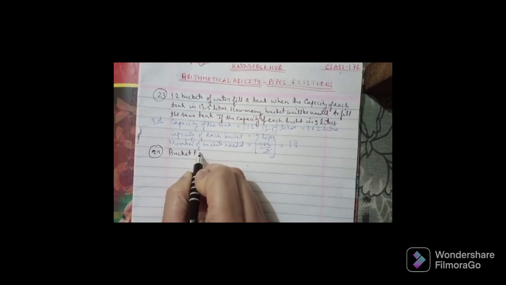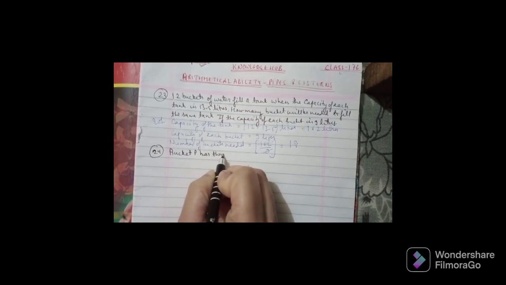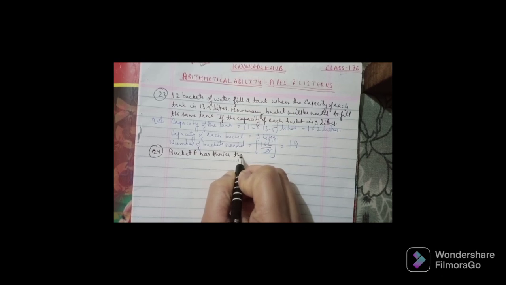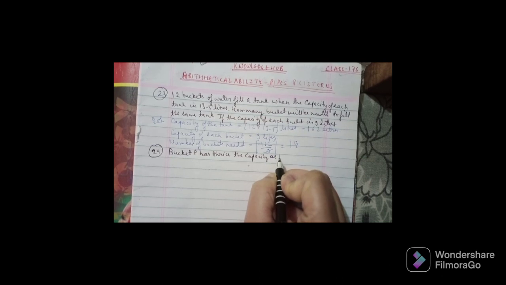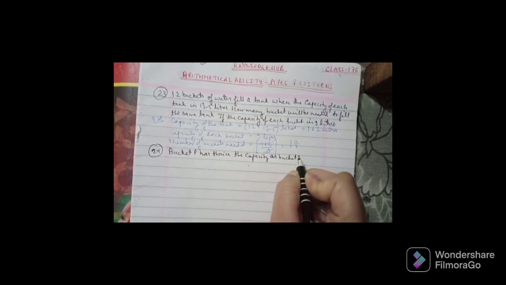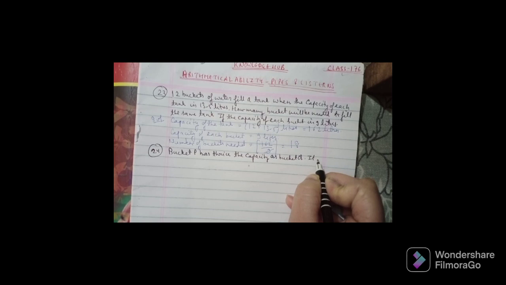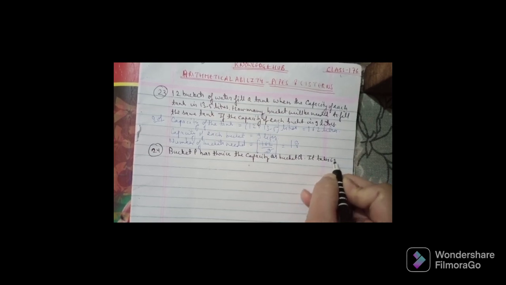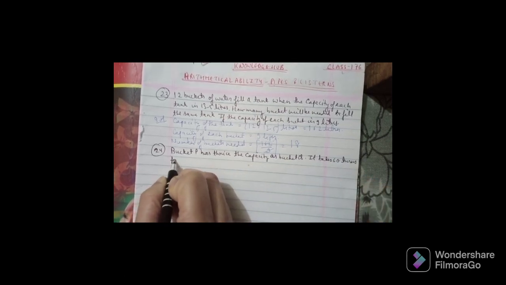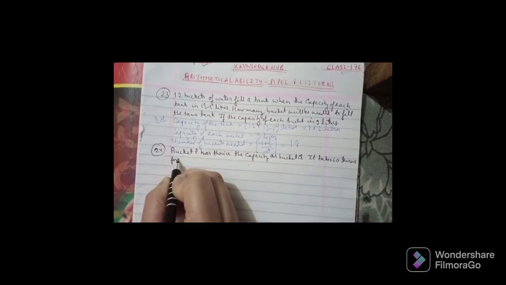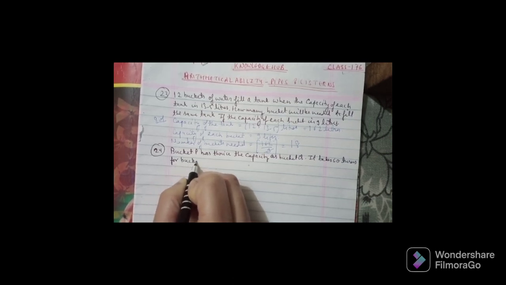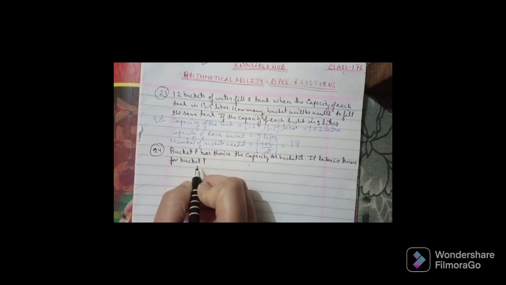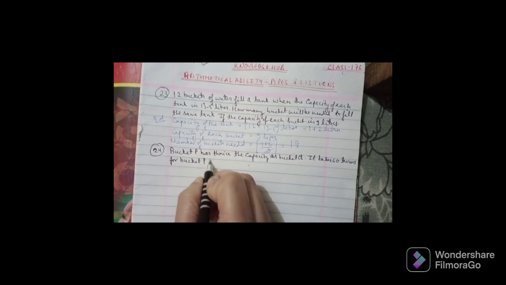Bucket P has thrice the capacity of bucket Q. It takes 60 turns for bucket P to fill the empty drum.